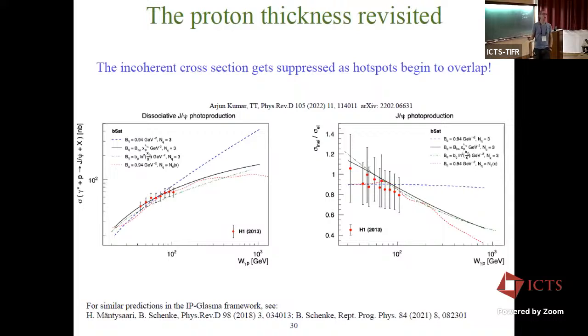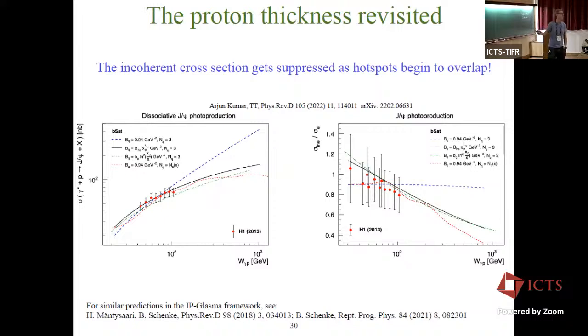So we wanted to do incoherent diffraction in EP and look at how that varies with energy, W. So this line here is with no variation, and the black and red lines are as before: the hotspot size variation is the black line, and the number variation is the red line. We see that they seem to turn over here. So at large W, we get a big suppression due to the difference at different x between the blue line and the black and red lines here.